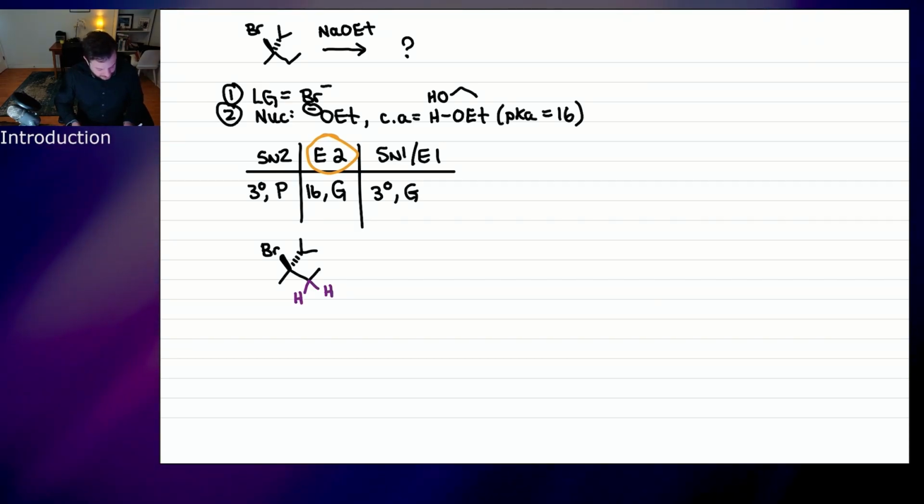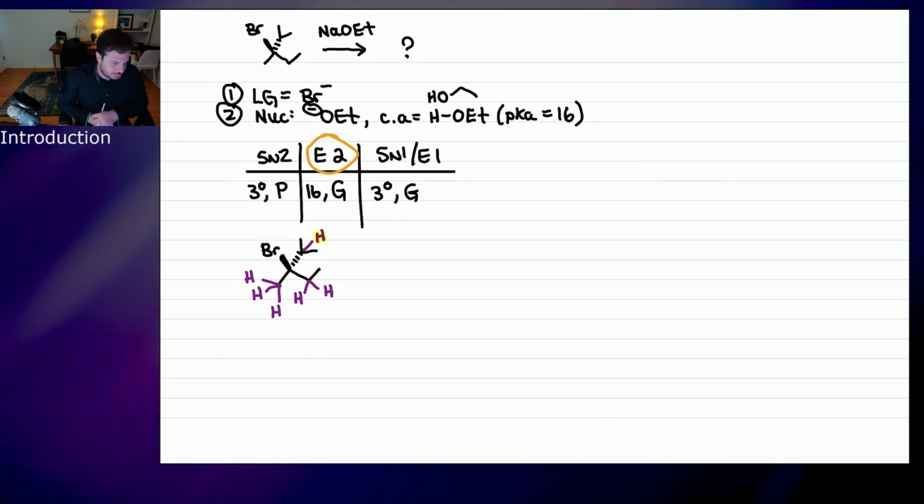We've got 2 beta hydrogens to the right, 3 beta hydrogens to the left, and 1 beta hydrogen to the top. Which one of those carbons would be considered the priority beta hydrogen? That's right. It's going to be the carbon that bears the fewest number of hydrogens because that's going to lead us to the most substituted alkene, meaning that this is the priority beta hydrogen.